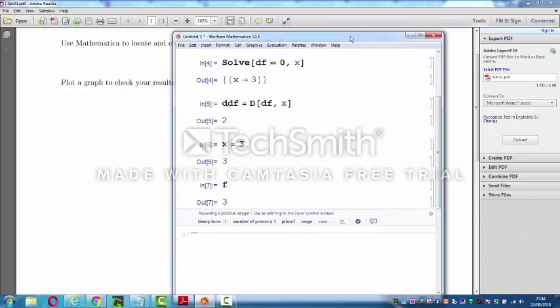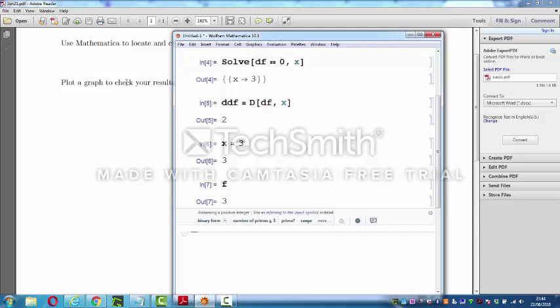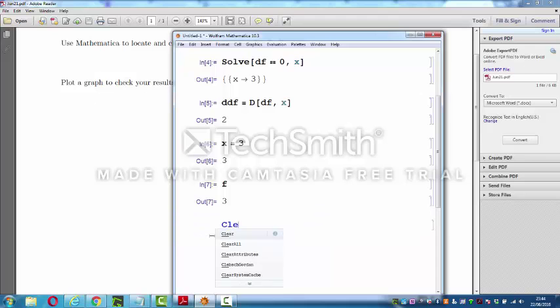Well, just to be sure, let's plot a graph to check this. So we'll make sure that we're plotting for various values of x, not just the x equals 3 that we've put in.